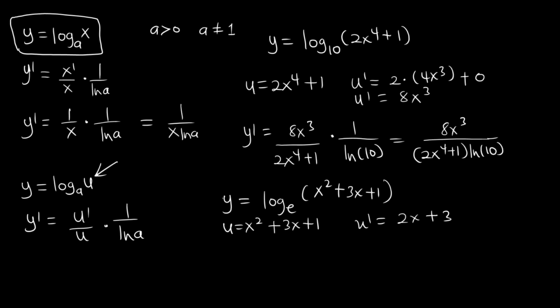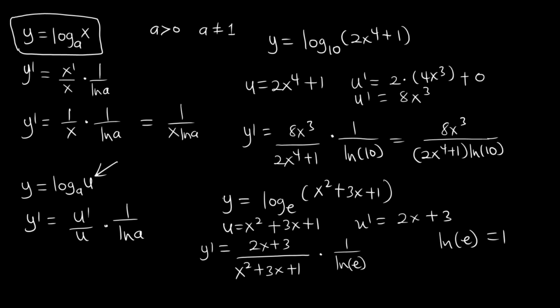Now let's go back to the general formula. I'm going to have y prime equal to u prime, which is 2x plus 3, divided by u, which is x squared plus 3x plus 1, and then this will be multiplying 1 over ln of e. And you know 1 over ln of e will give us 1 because ln of e is equal to 1.